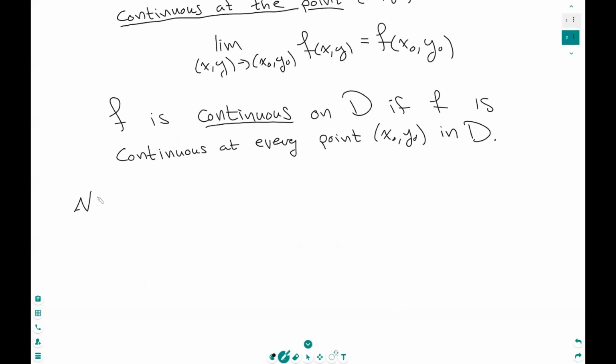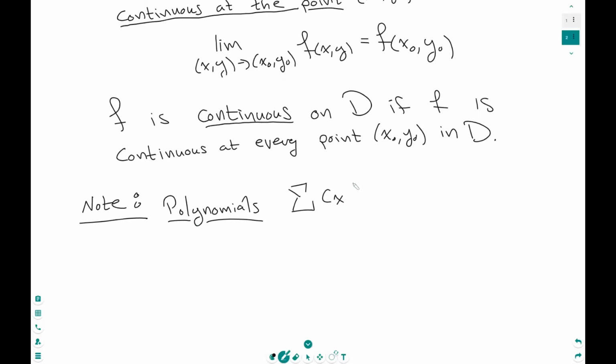So note that polynomials, which we did define as some sum of polynomial-like terms of x and y, are continuous on R2.